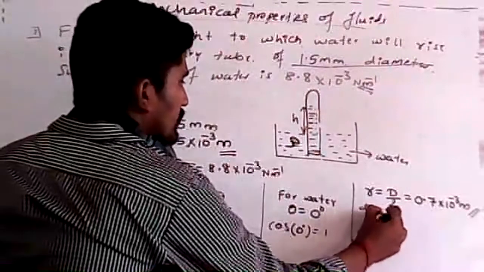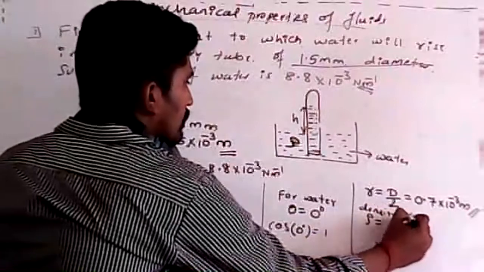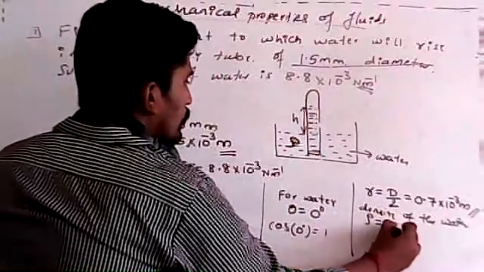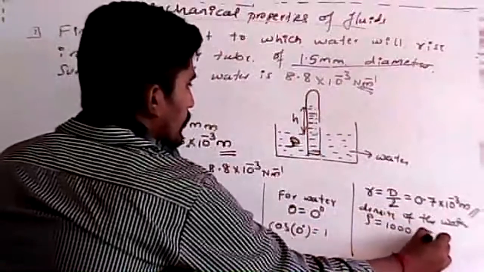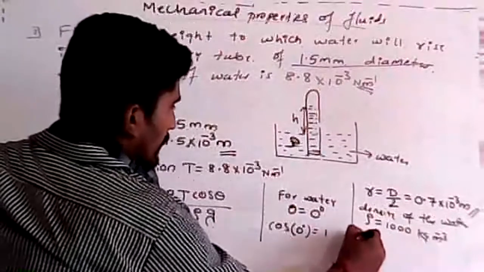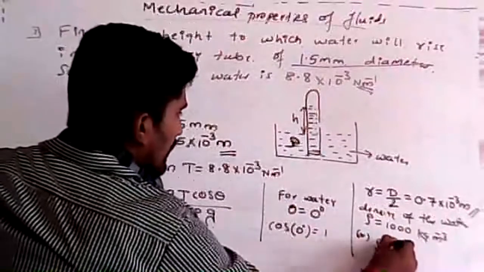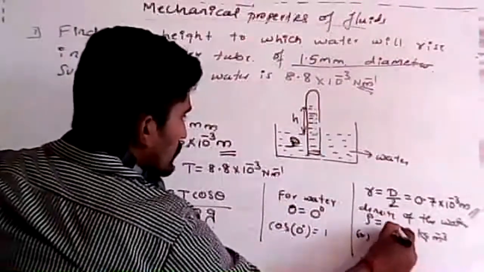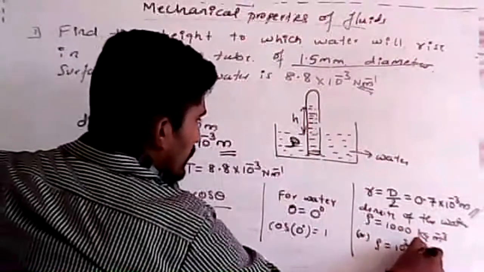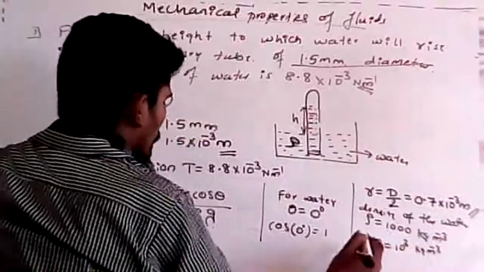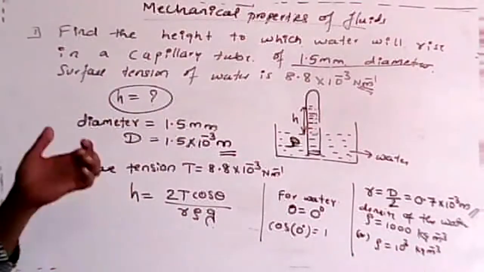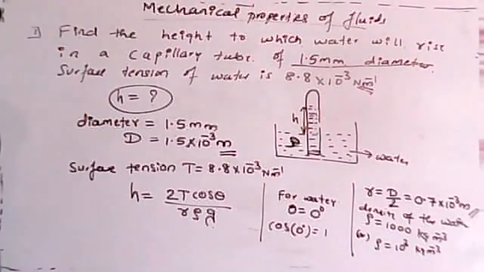So rho is the density of water, which is 1000 kg per meter cube, students. In other words, we can write rho as 10 raised to 3 kg per meter cube, because 1000 is 10 into 10 into 10. So just put everything and tell me your answer, how much you will get.